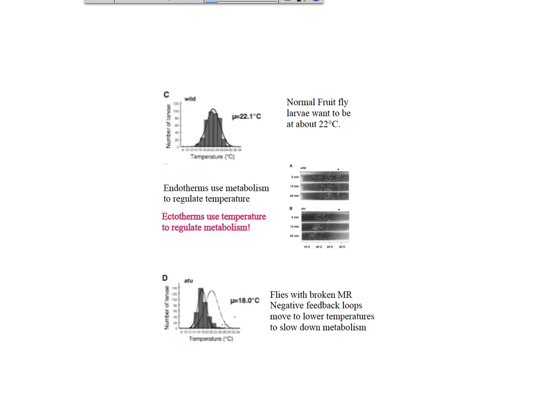So the average temperature that this larva will inhabit, given the choice, is around 18 degrees. These animals essentially become 18 degrees internally. At 18 degrees, their metabolism is moved to a slower rate, a rate like that of the wild type animal.